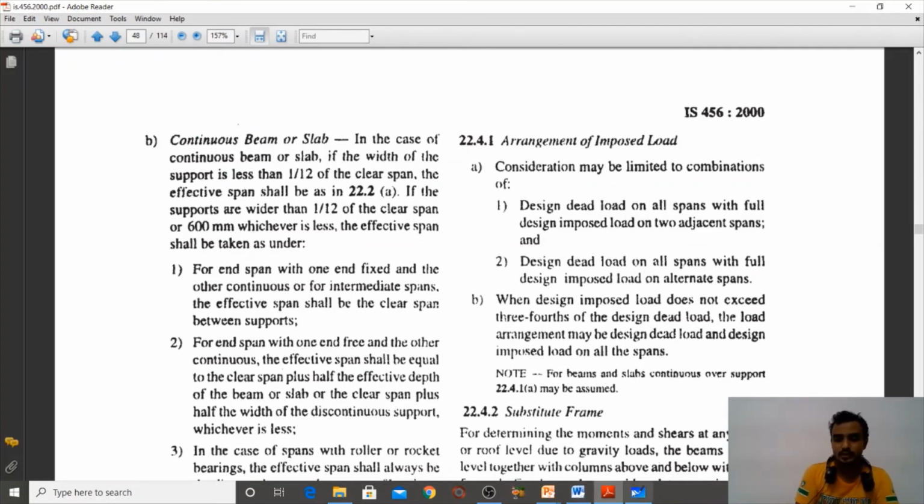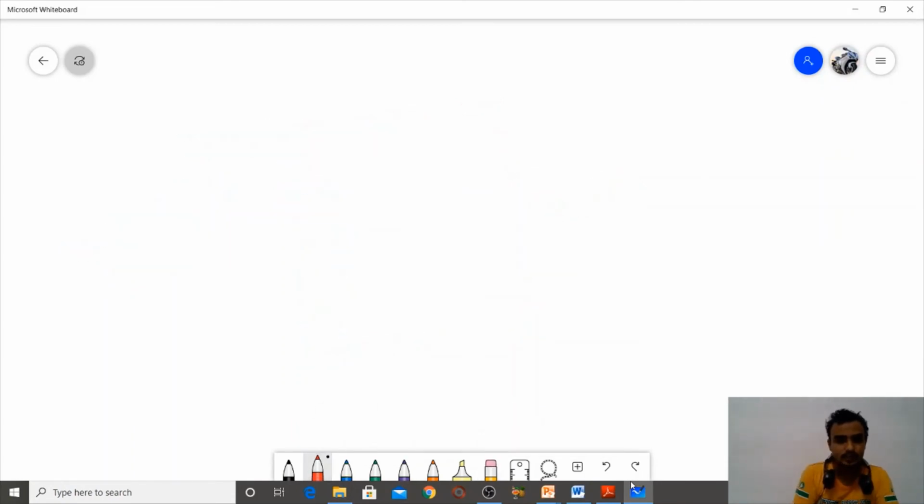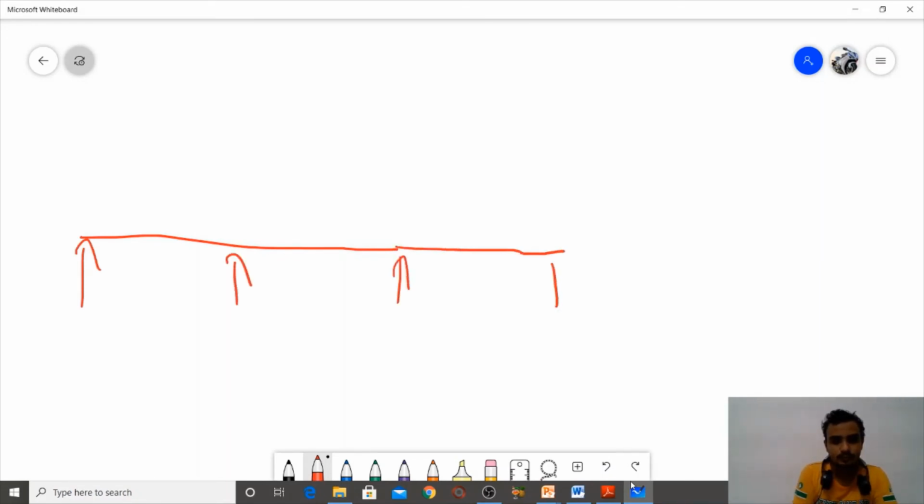What these two conditions say is, look here. Here is a continuous beam, and here is the second condition.